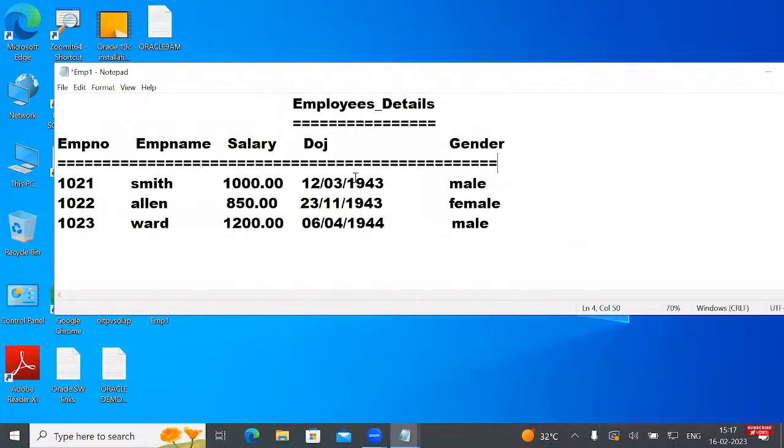In those days C language was there. Now you can use C++, Java, .NET, Python also to read the data from files.